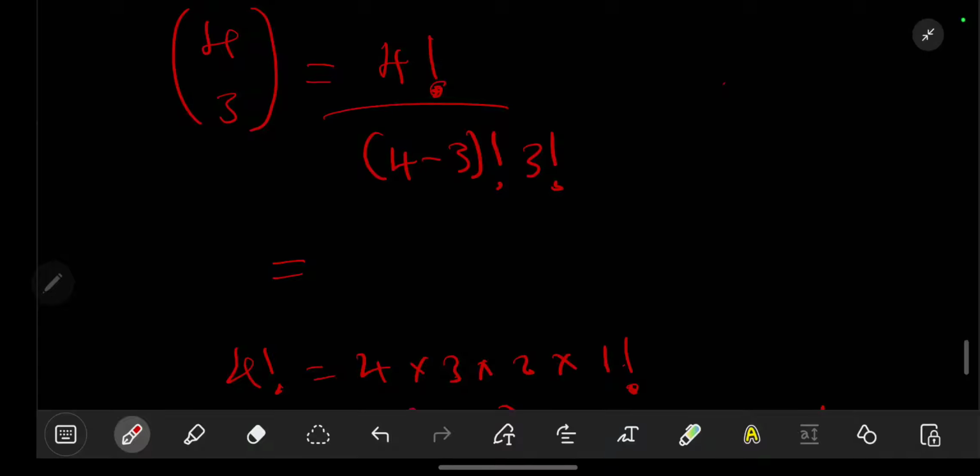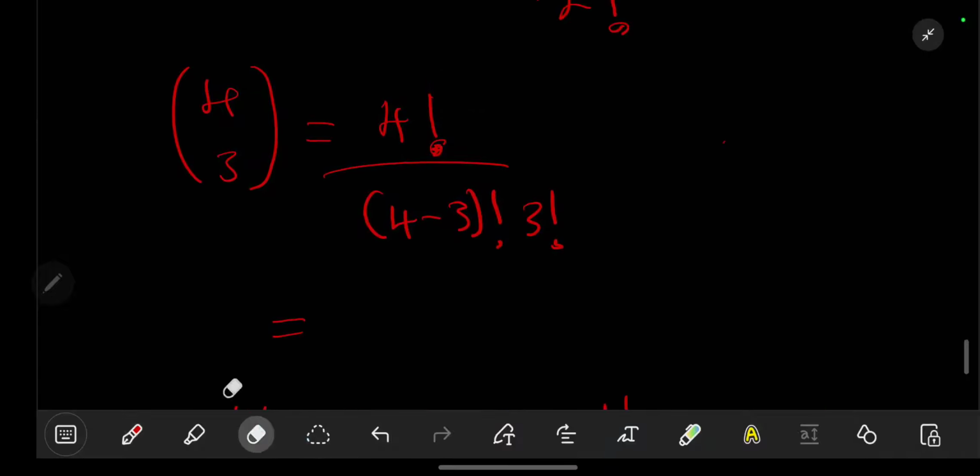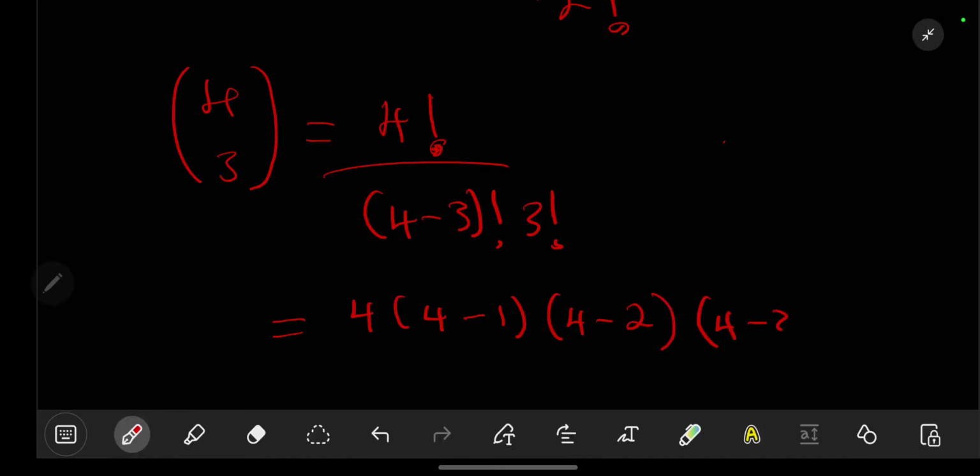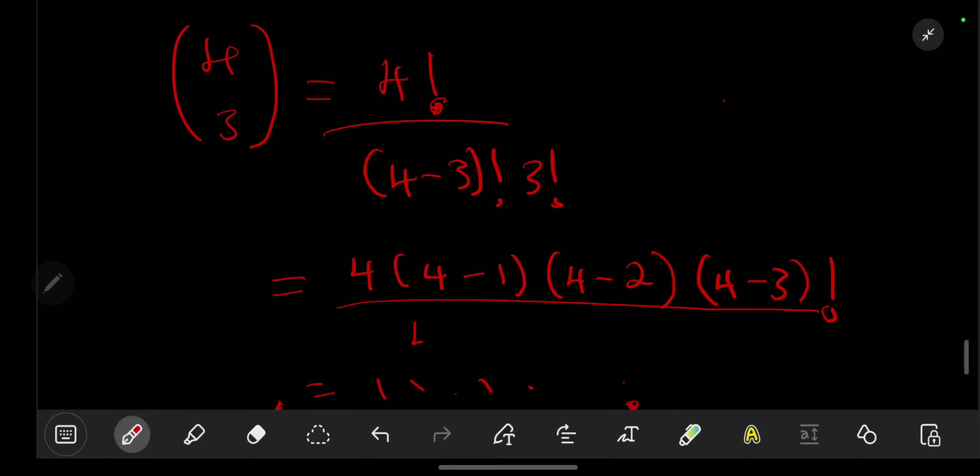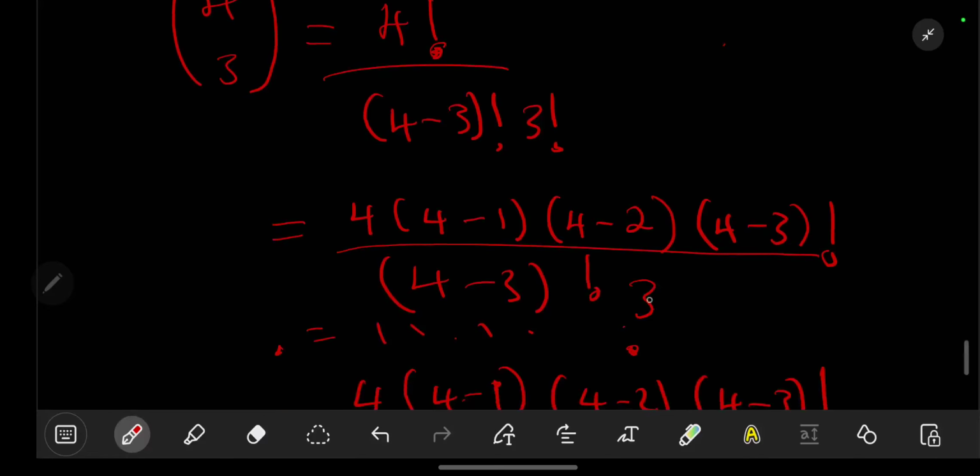So with this said, we are going to say something like this. So it will be 4 open brackets, we are going to have 4 minus 3, not minus 3, sorry. Let's begin with 1. Then we have 4 minus 2. Then we have 4 minus 3, then factorial over 4 minus 3 factorial, then 3 factorial.